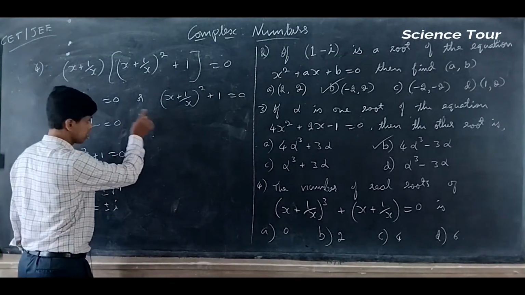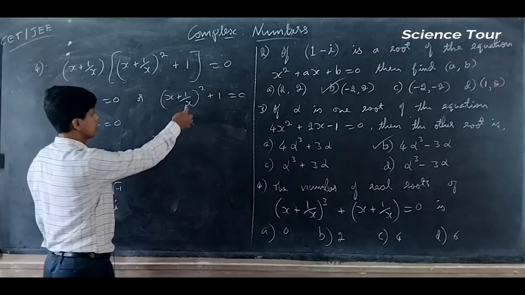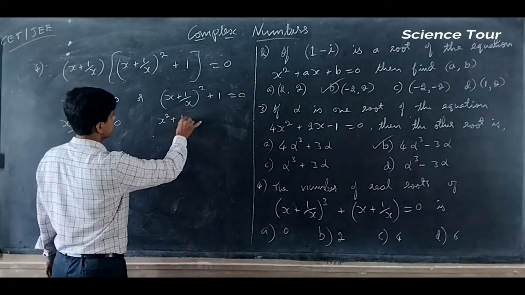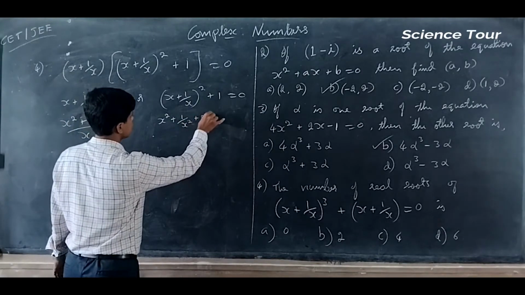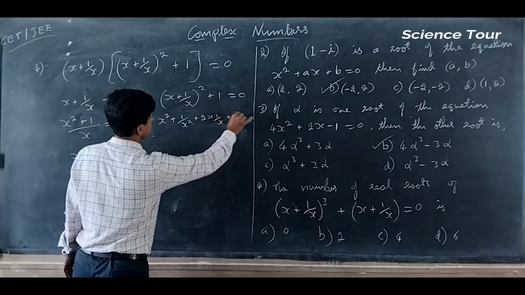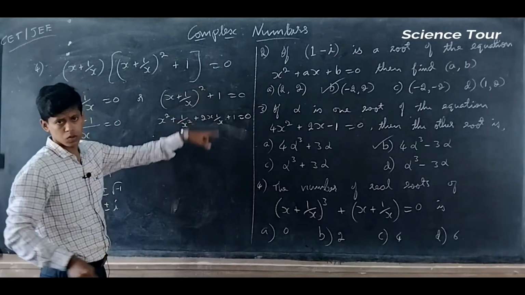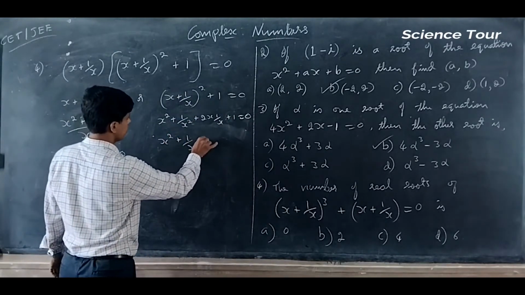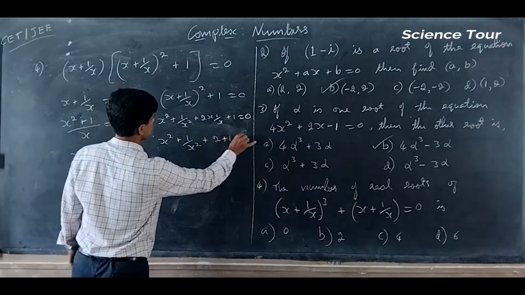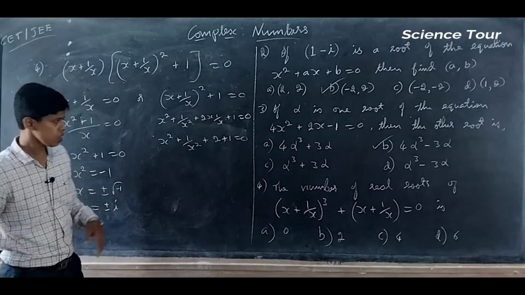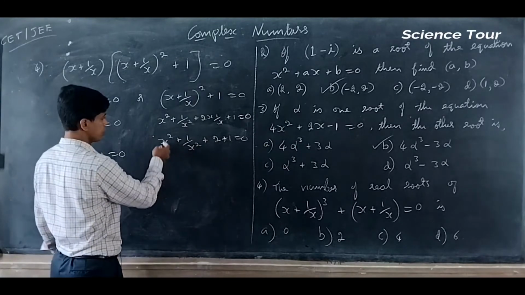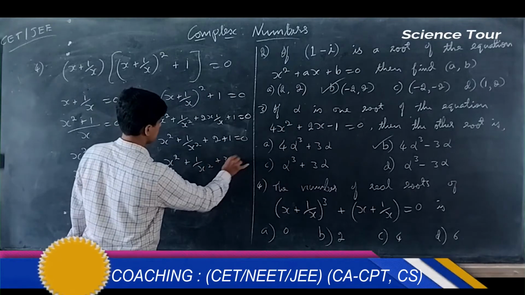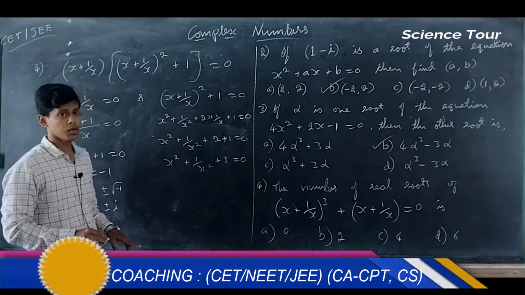Let's see if we get real roots here. This is x square plus 1 by x square plus 2 into x into 1 by x, plus 1 is equal to 0, using a plus b whole square. So this is x square plus 1 by x square plus 2 plus 1 because x cancels. So that is plus 3. Now write this in the standard form of a quadratic equation.